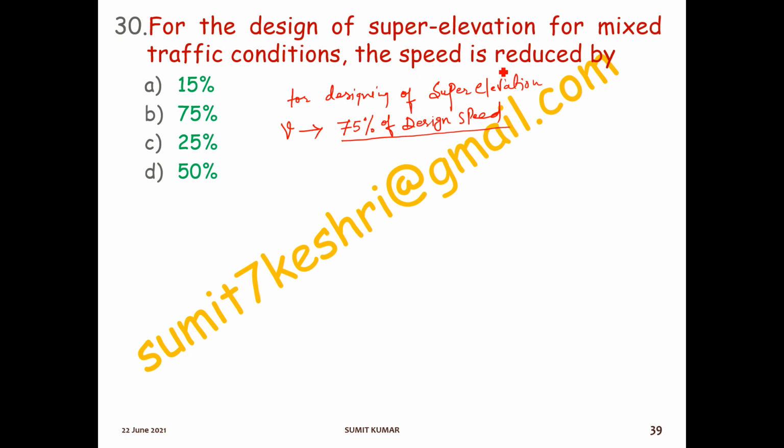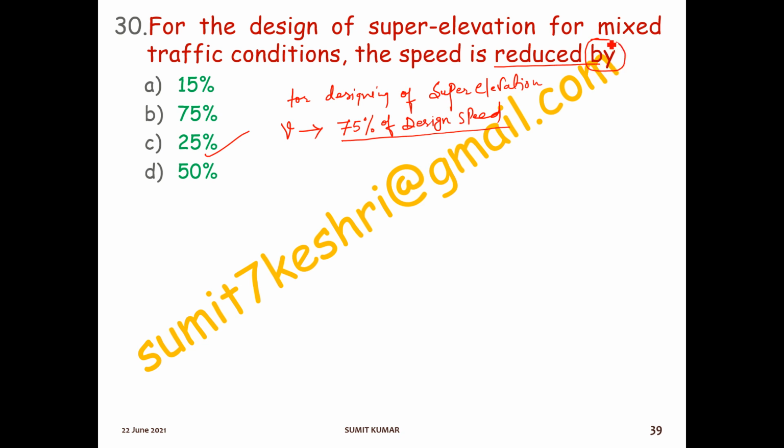the speed is reduced by, so it is reduced by 25%. Initially it was V, now 75% of V, which means it is 25% less than the original speed, so it will be 25%. Here it is just a game of grammar.